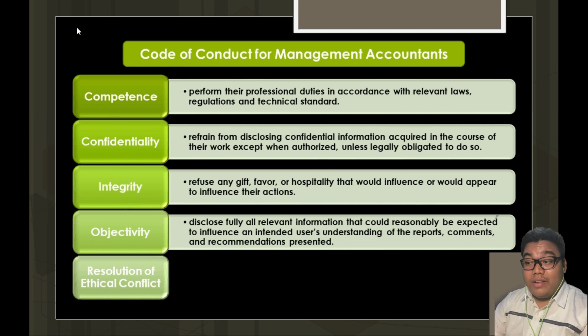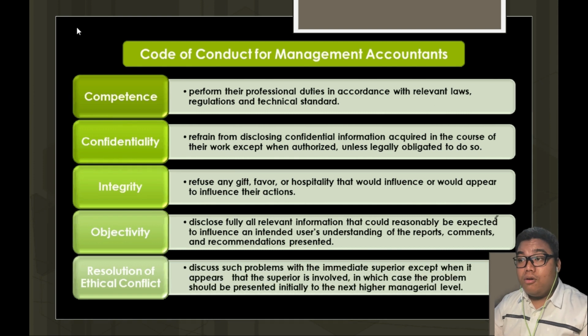Resolution of ethical conflict is the next part of the code of conduct. In here, it is discussed how a management accountant should face problems in an organization. But basically, I believe we have already tackled this in our previous semester, wherein when there is a conflict between two parties of similar level, we elevate it to the next highest level.